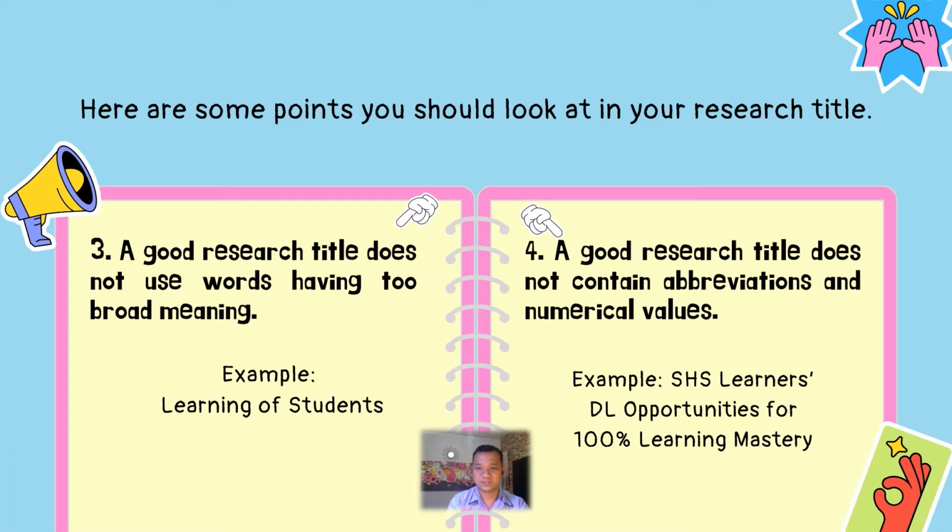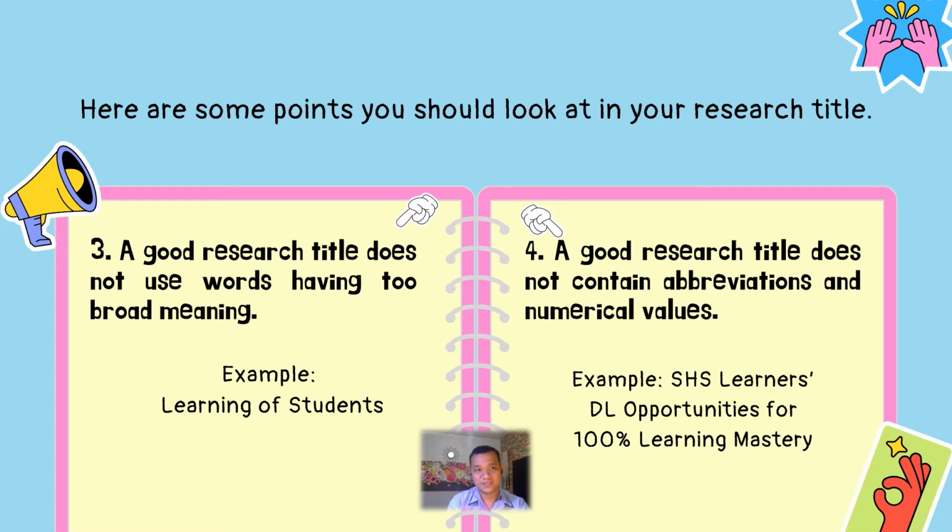Another thing that we should look into in writing a research title is that it should not be too broad. Look at this example, learning of students. If you look into that, what aspect of learning are we talking about? Are we referring to a subject matter, for example, math, English, science?